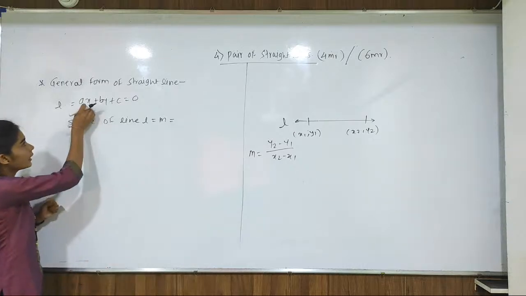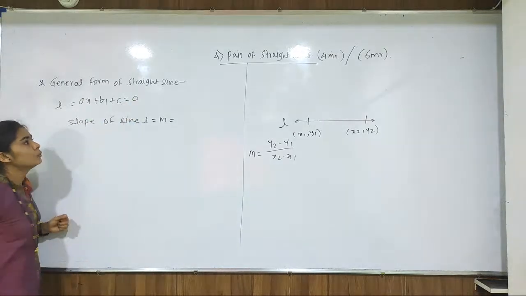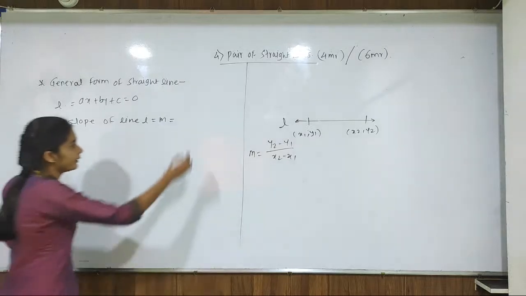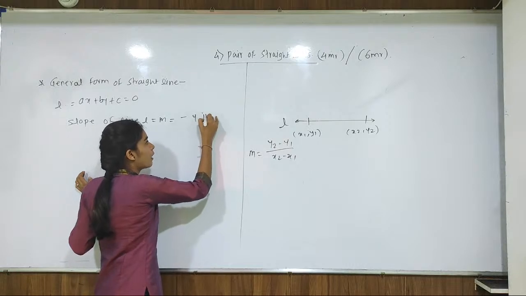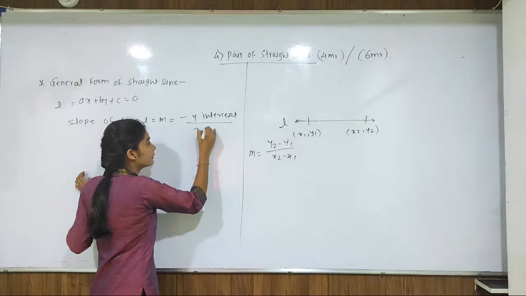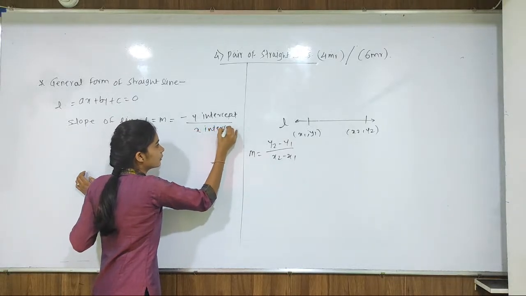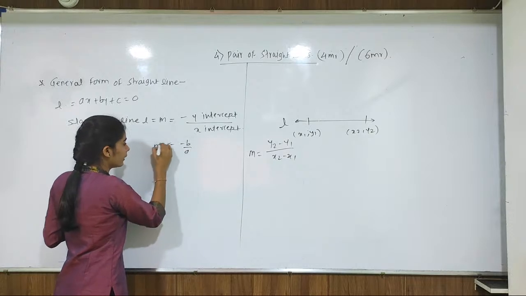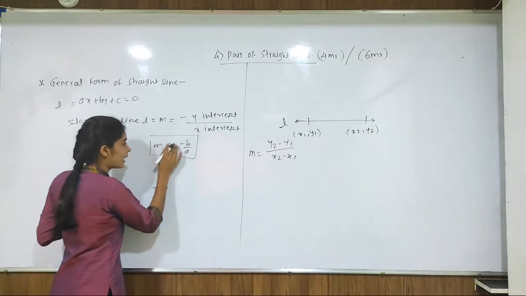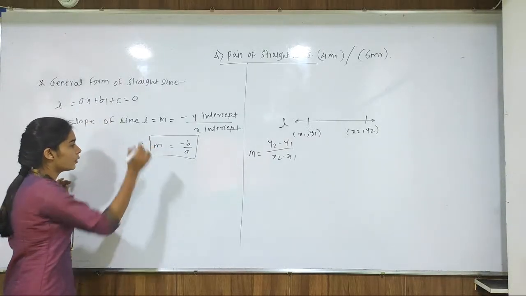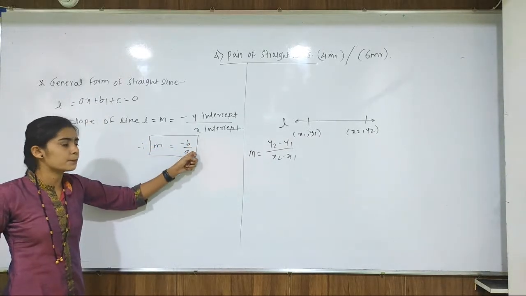Now here ax plus by plus c is equal to 0, slope is equals to minus y intercept upon x intercept. So it is minus b upon a. So from this line, जर अशी लाईन दिलेली असेल त्याच्यावर आपल्याला स्लोप फाइंड करायचा असेल, then we have the formula m is equals to minus b upon a.